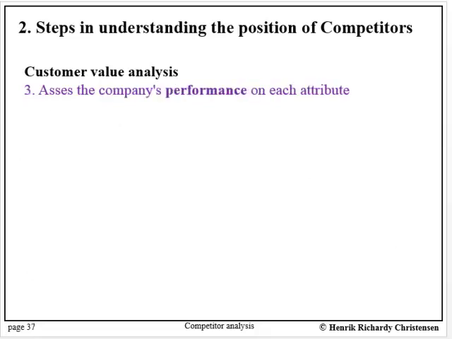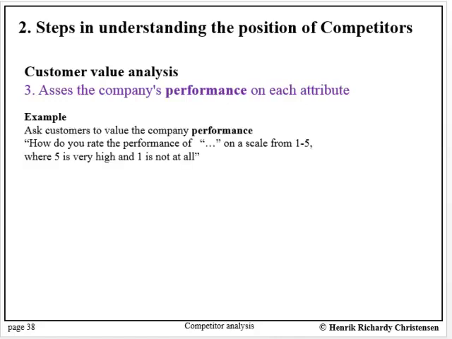So the performance means here, when we assess the company's performance on each attribute, that means our own company. How do we perform on these attributes that we have just investigated? For example, here we ask the question, how do you rate the performance of, and then the attribute, on a scale from 1 to 5, where 5 is very high and 1 is not at all.